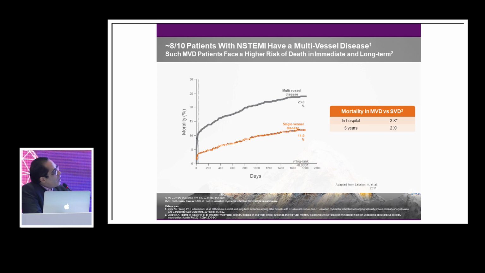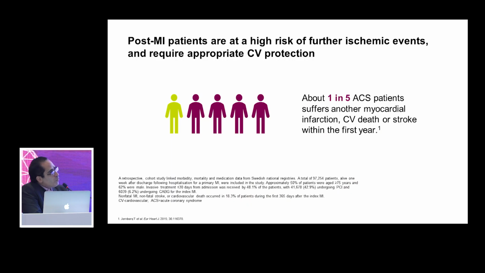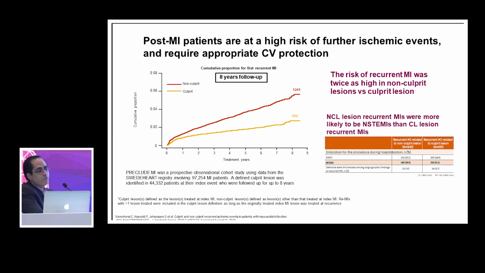Also here, about 1 in 5 of all acute coronary syndrome patients will suffer another myocardial infarction, cardiovascular death or stroke within the first year. Also, this is a very important slide: the risk of recurrent myocardial infarction was twice as high in the non-culprit lesion versus the culprit lesion.